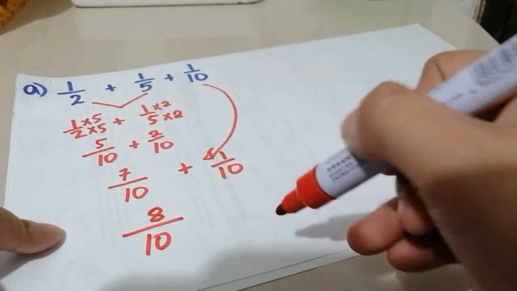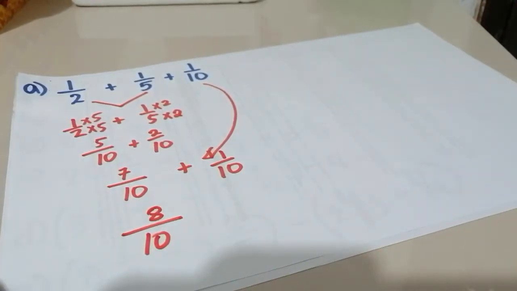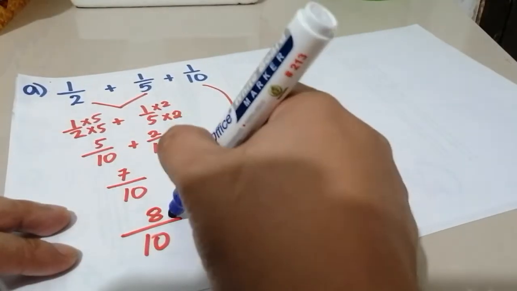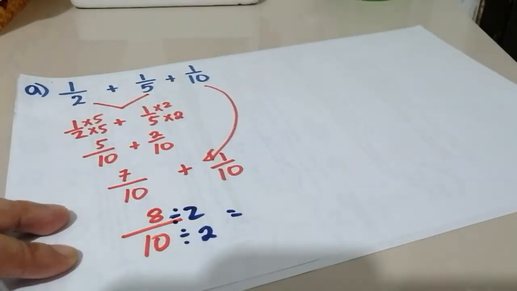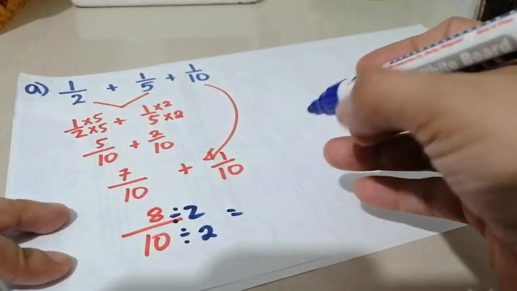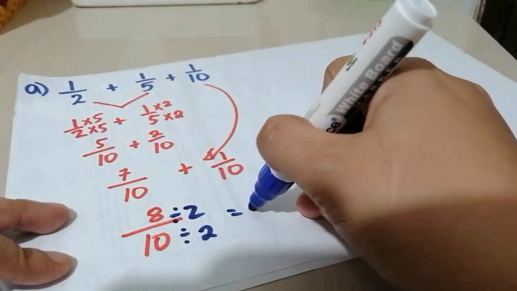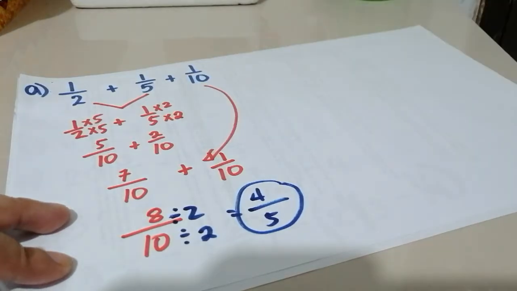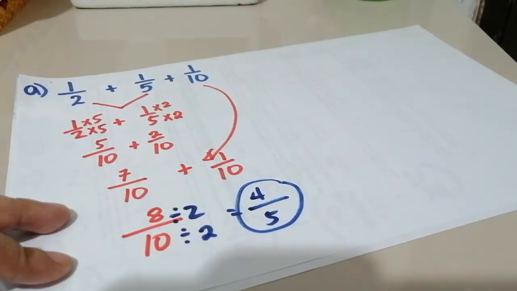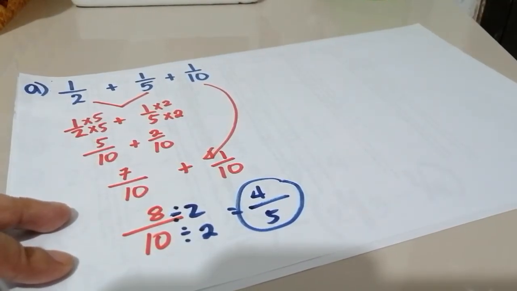Why? It's because 8 over 10 can still be divided by 2. So, simplifying it further, 8 divided by 2 is 4, and 10 divided by 2 is 5. So, the final answer for this is 4 over 5.